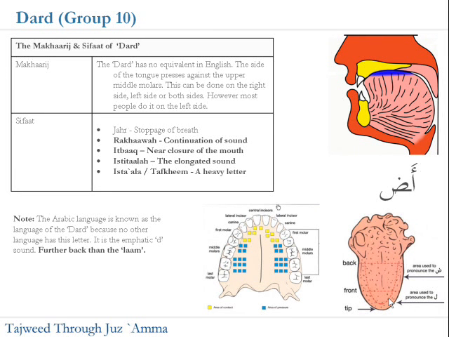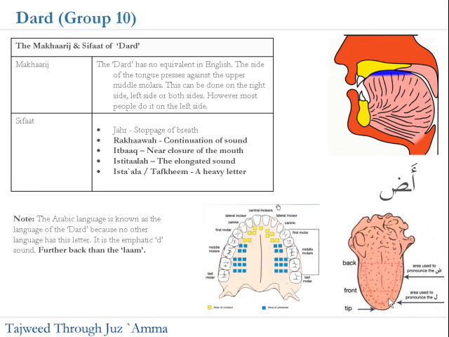Okay, so now this has no equivalent, and the Arabic language is known as the language of the dad because no other language has this. And this is like the dal, except this is the emphatic version. However, to learn this, you start with the lam.